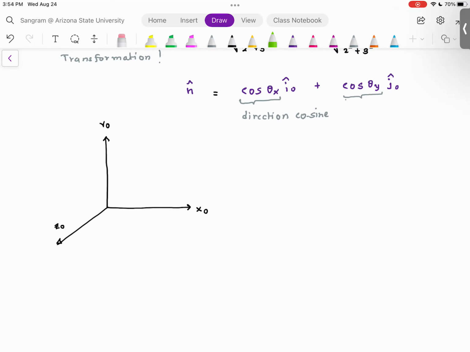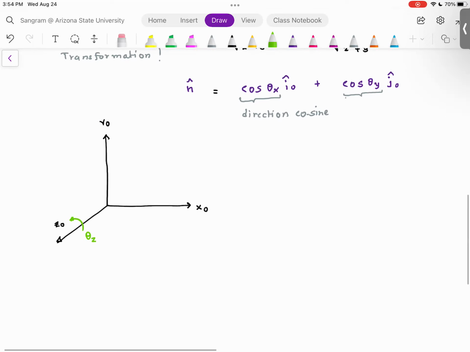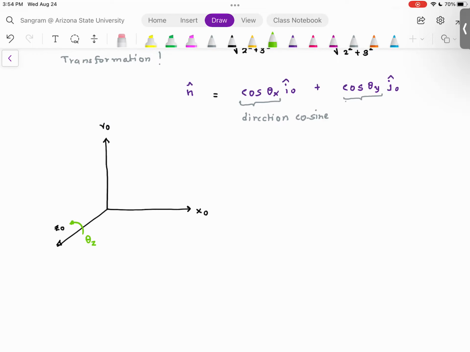Now what I'm going to do is look at a positive rotation about the z-axis. So the positive rotation about the z-axis is theta z. Once I perform this positive rotation about the z-axis, you agree with me, my new z1 axis will coincide with my old z0 axis.